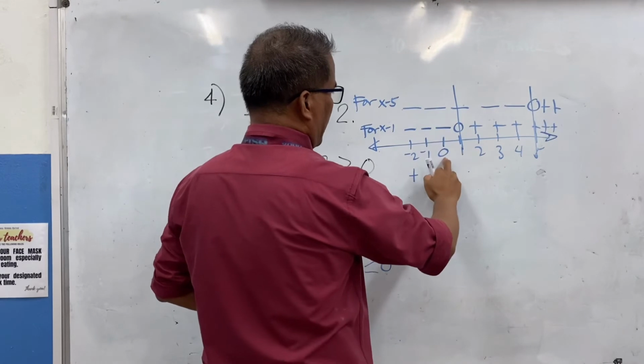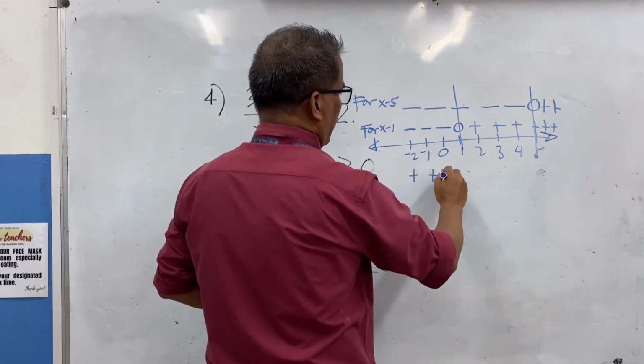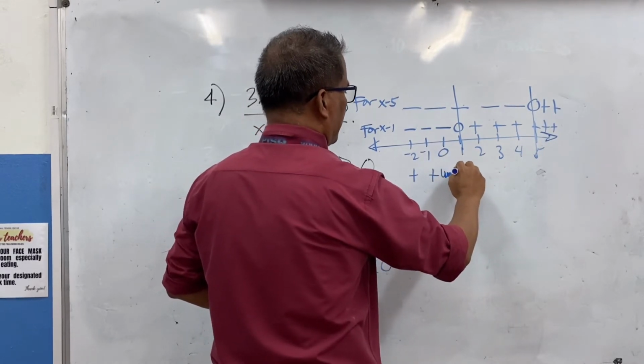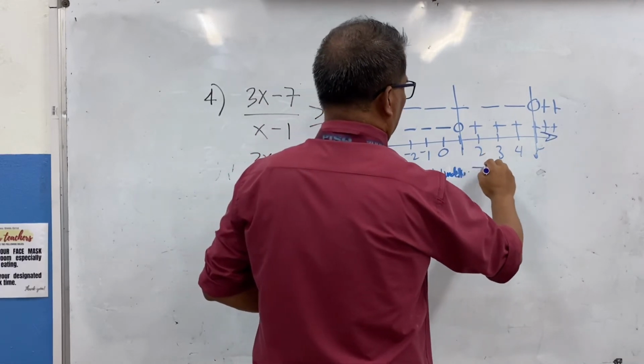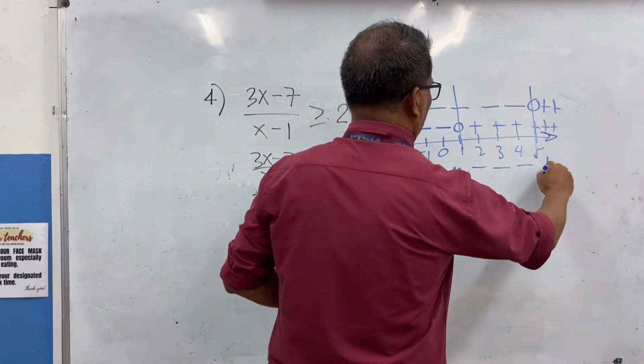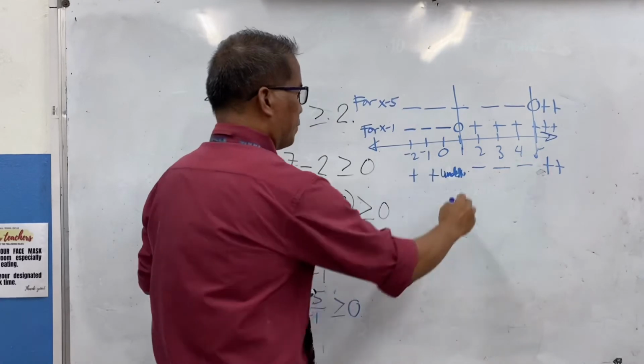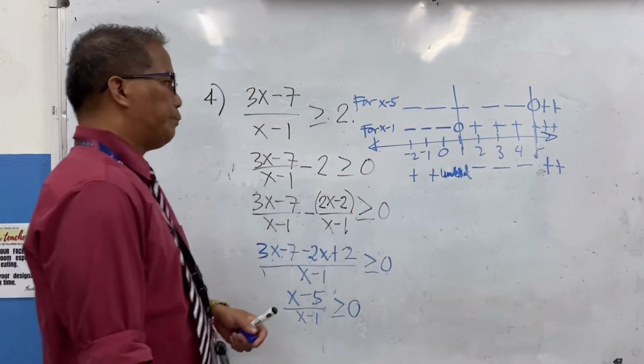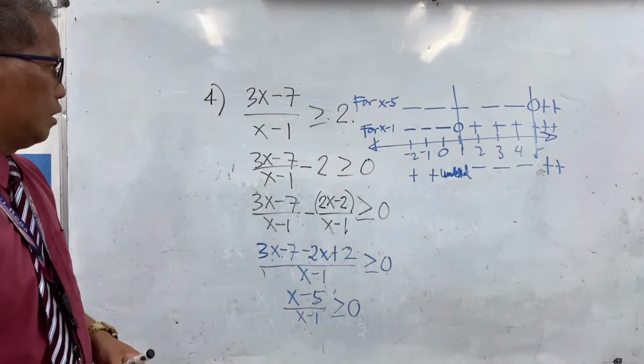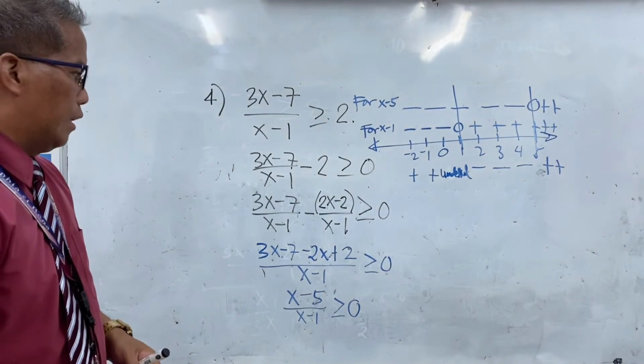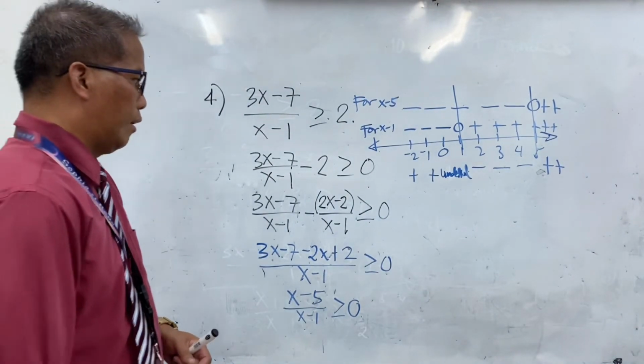So if we divide it by 0, the answer here will be undefined. Then here negative, negative, negative, then here will be positive, positive.